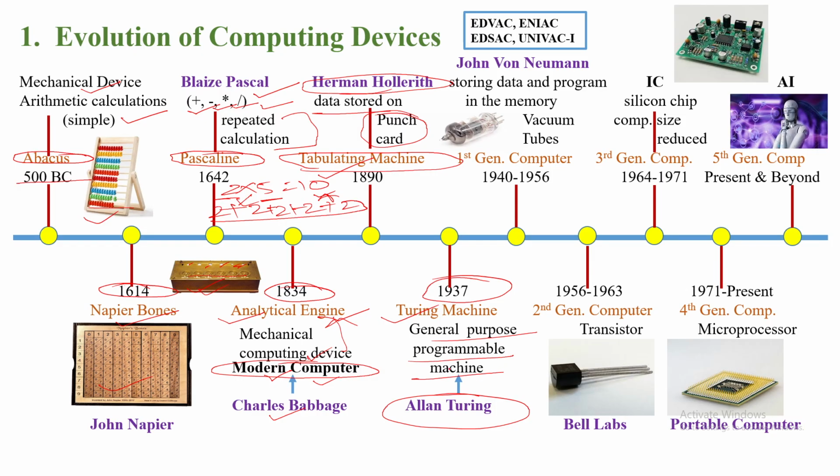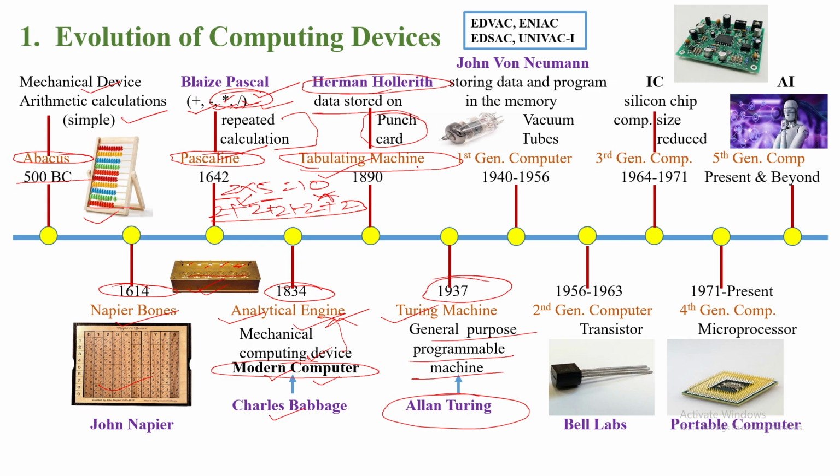Now see, first we did simple calculation, then addition, subtraction, multiplication, division in the Pascal line, but as repeated calculations, meaning we cannot directly use the multiplication and division symbols. Then afterwards the analytical engine came to store the data.